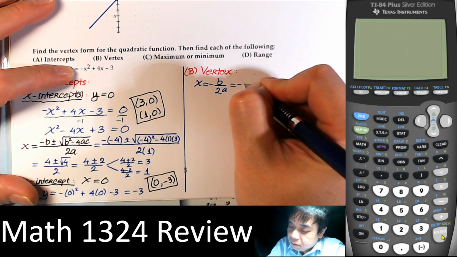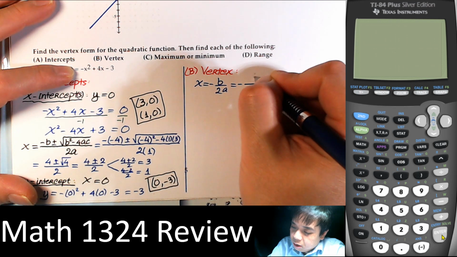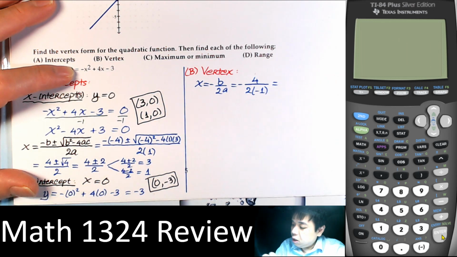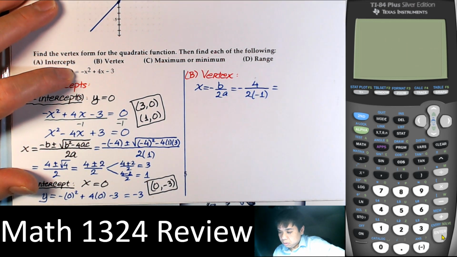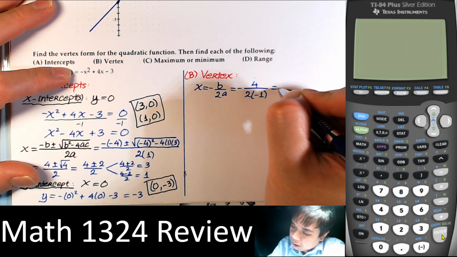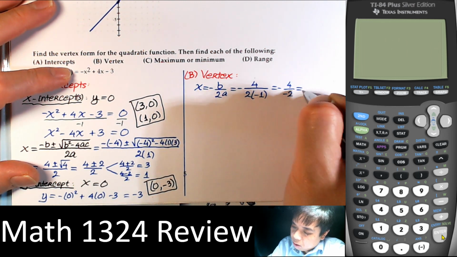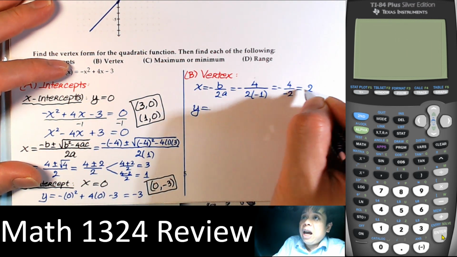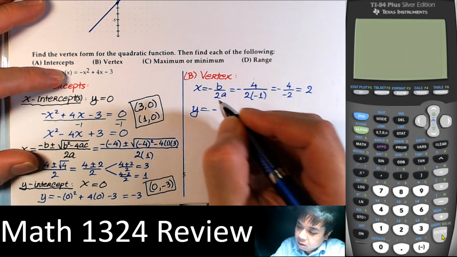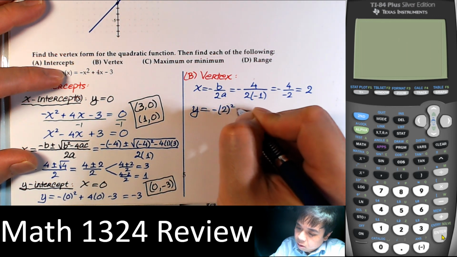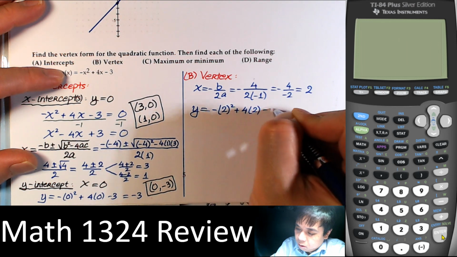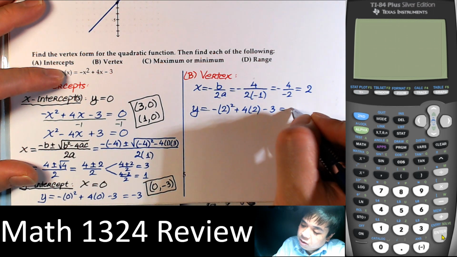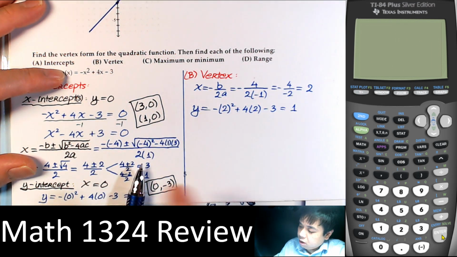Negative b is 4, over 2a. So that is negative 4 over negative 2, that's going to be 2. And then for y, we just substitute the x value into the function. So negative 4, negative 3, so 8 minus 7 is 1. So the vertex is 2 and 1.